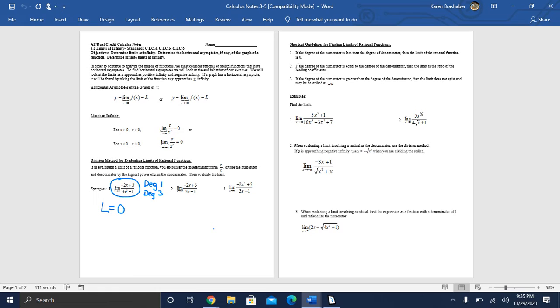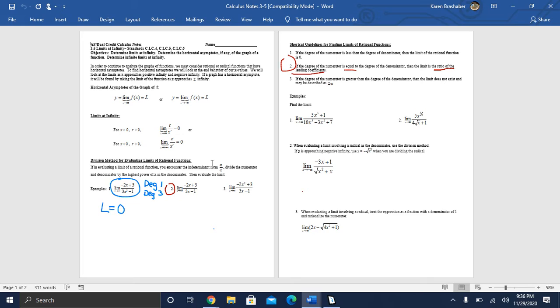So for number 2, it says that if the degree of the numerator is equal to the degree of the denominator, then the limit is the ratio of the leading coefficients. Now, ratio of the leading coefficients. All right, let's look at example number 2.